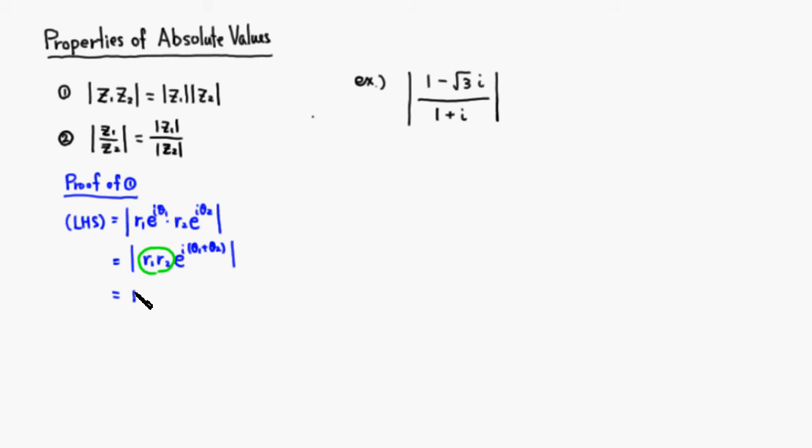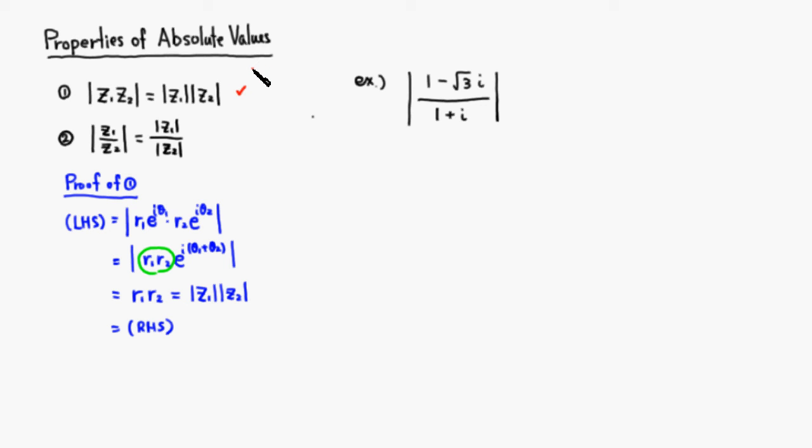So this is just going to be R1 and R2. But this is exactly the same thing as R1 is the absolute value of Z1 and R2 is the absolute value of Z2, which is the right hand side. Right, so we could prove number 1, and number 2 is very similar to number 1.